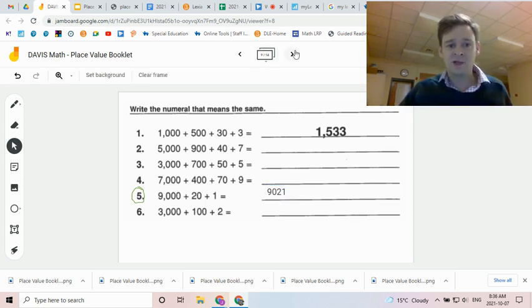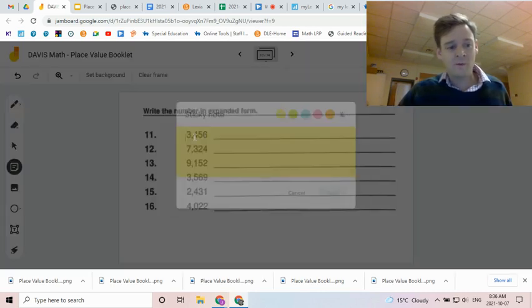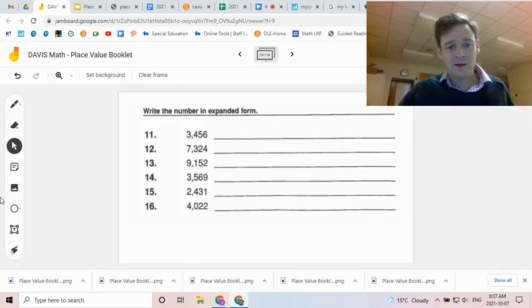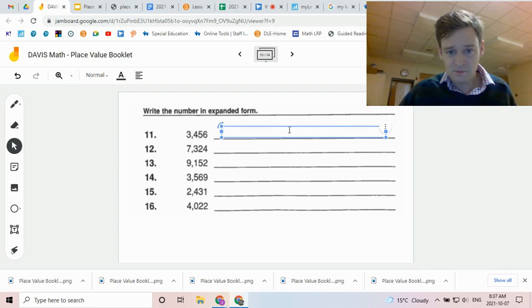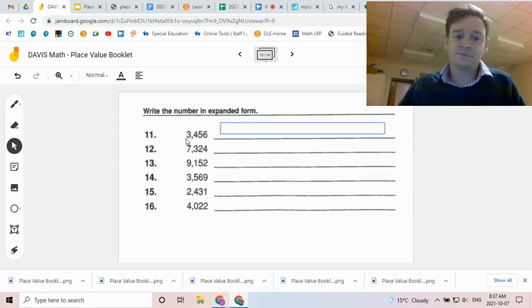And then on this next page, you're going to go the other way. So now we're looking at the word form, and we are going to move it into expanded form. So I'm going to look at each number one at a time.